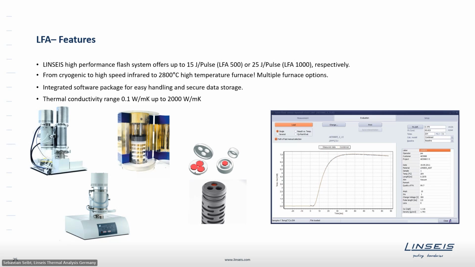The picture which you can see in the middle is the sample holder for the LFA 2000 series with the 3-sample container, where the complete sample holder is made out of graphite. And on the right, you can see a screenshot of our software where you can see an example of such a temperature rise curve, which in this case has a very ideal shape close to the theory.